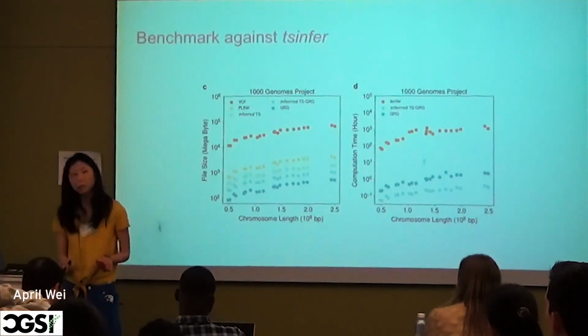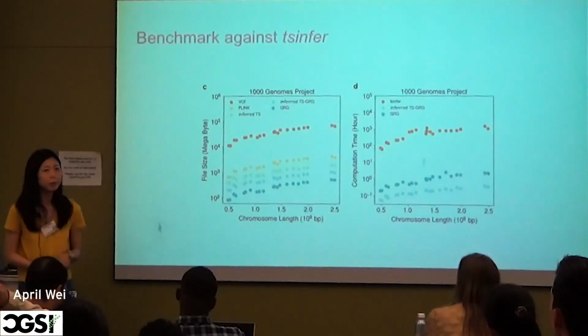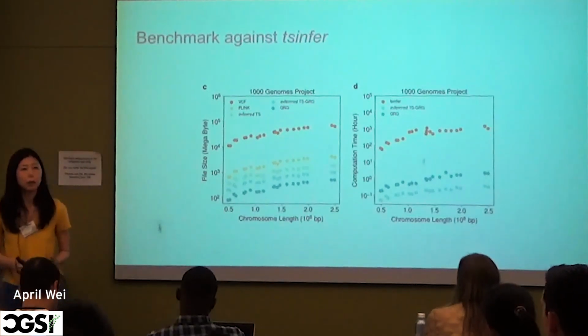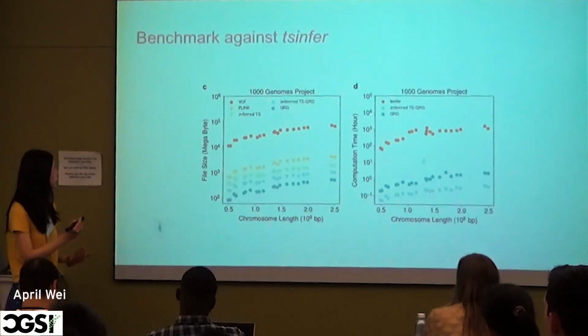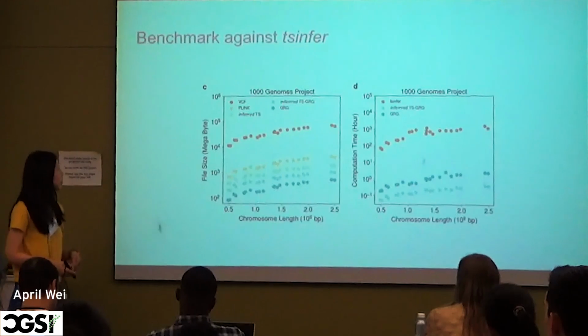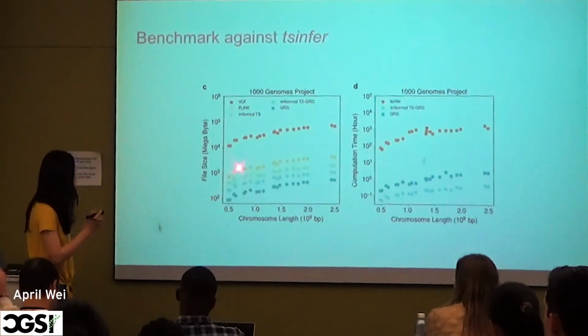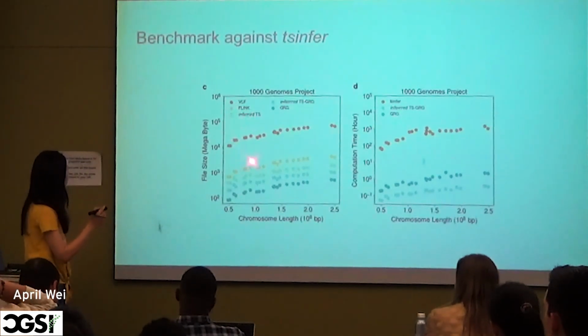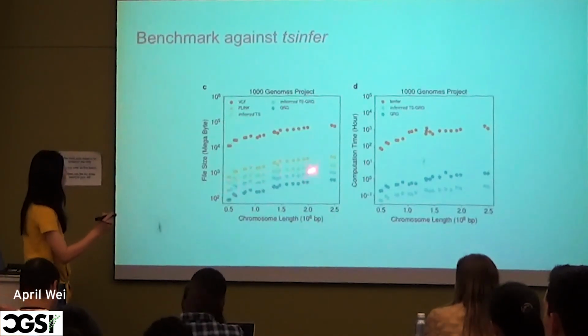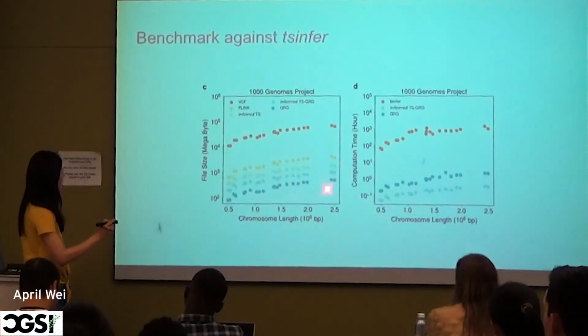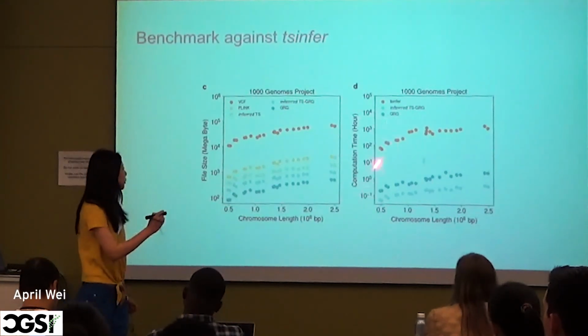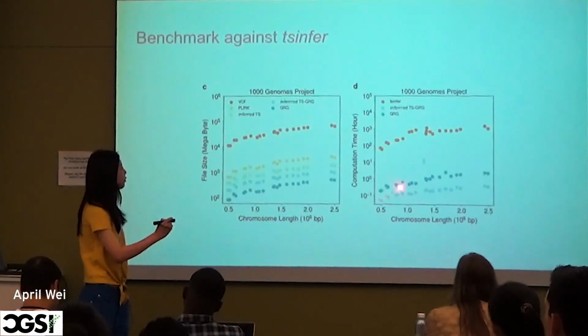And we also compared with an ARG inference approach based on the currently most scalable ARG inference method, tsinfer. This is done with the 1000 Genomes whole genome data because it cannot be done with the biobank. So the inferred tree sequence is this light blue, and the inferred GRG is the lowest one in terms of file size, and in terms of the computational time, this is the inferred GRG.